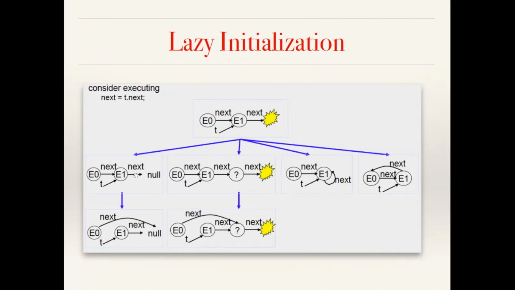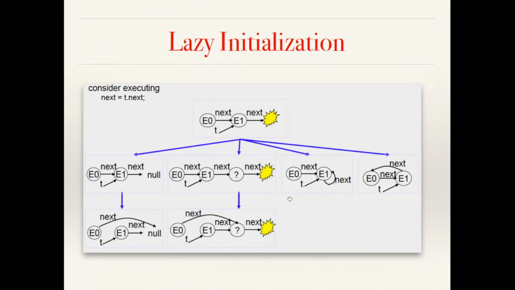So one way to concretize next is to assign it to null or to another element that points to a blob. So we don't know the rest of the list, but we know that the next element pointed to by E1 is now concretized, and the last two elements represent different configurations according to different cycles in the input list.